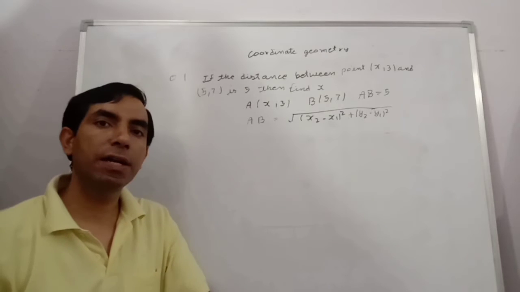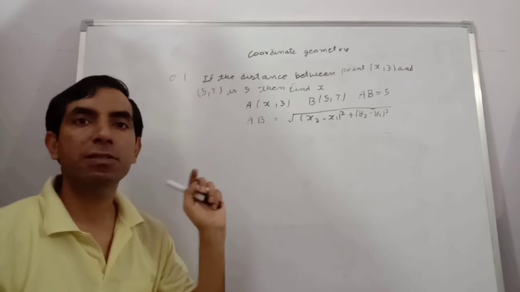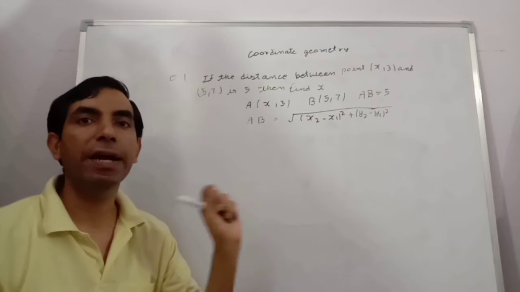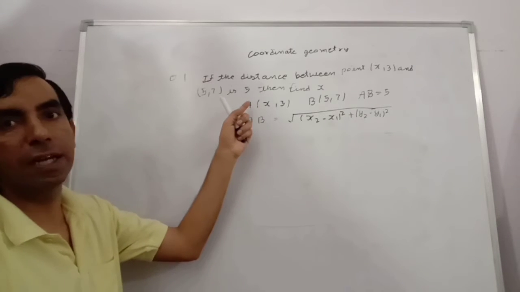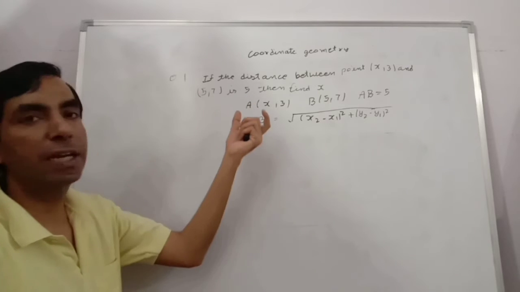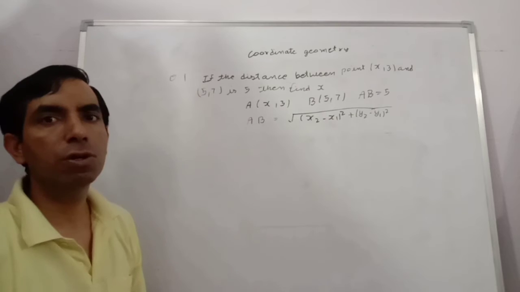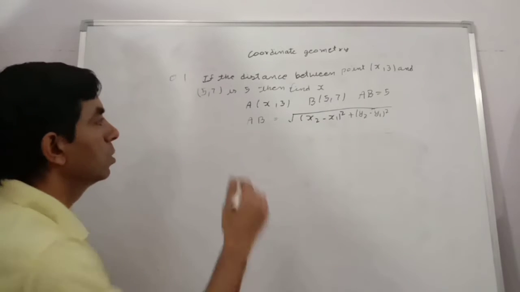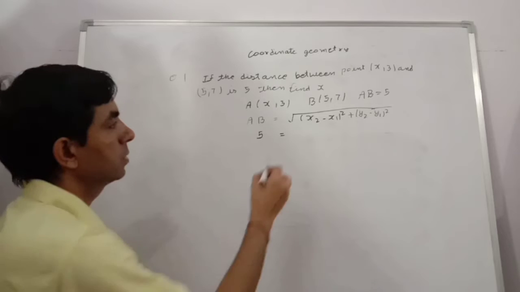We have already learned that we can take x1, y1 as any one point's coordinate and x2, y2 as any other point's coordinate. It is not compulsory to always take x1, y1 from the first point. Sometimes we can take x2, y2 from the first point and x1, y1 from the second point. It does not affect our answer. So AB equals 5.